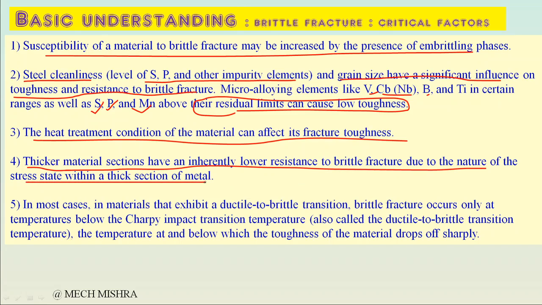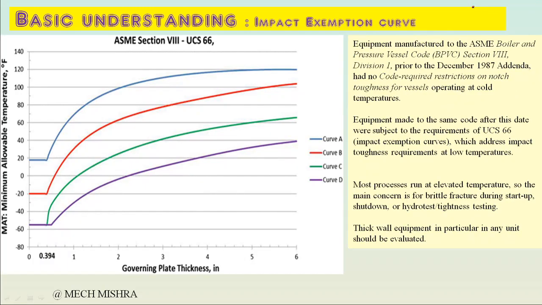They have lower toughness. In most cases, in materials that exhibit ductile to brittle transition, brittle fracture occurs only at temperatures below the Charpy impact transition temperature. I have told you about the ductile to brittle transition temperature. So below that temperature, the material will fail.